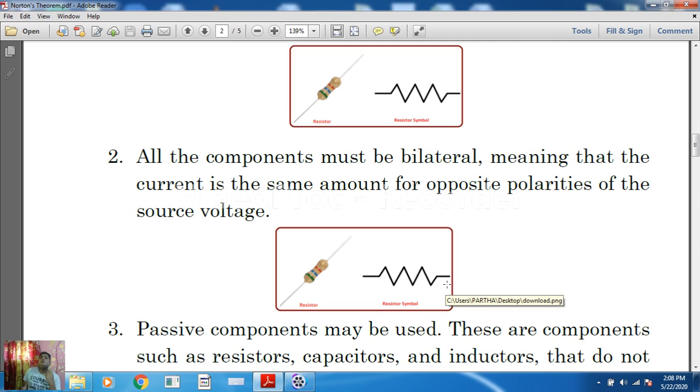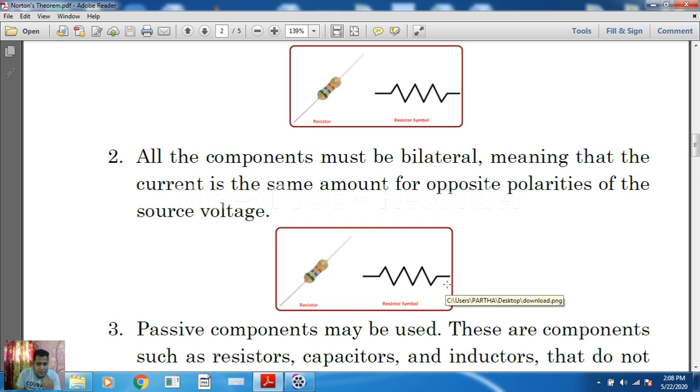So bi means both. Already repeatedly we have seen that. So for both directions, an element through which current can flow in both directions is a bilateral element. So for your understanding, in this particular diagram, I have shown a real pictorial view of a resistor, and in the right hand side we have taken a symbolic representation of a resistor.